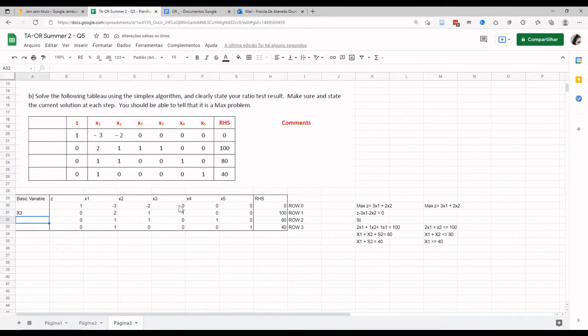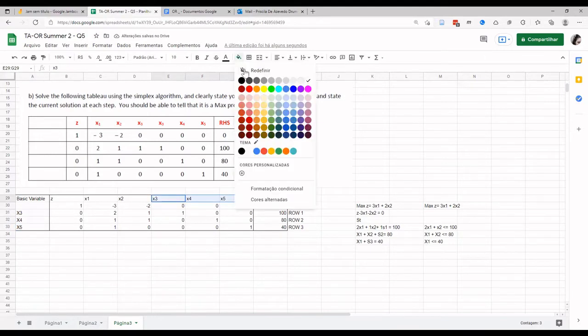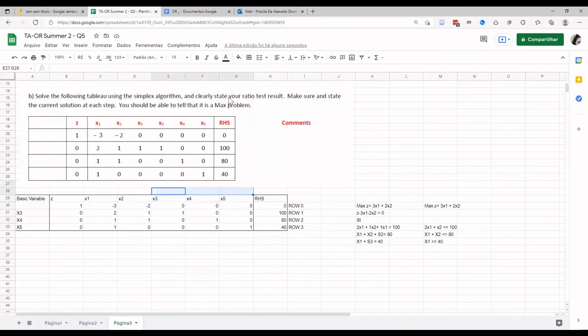So it is one of the basic variables. X4 is also another basic variable because it has this format here, and the X5. So we know those three are our slack variables, added to the problem so we can make an equality instead of an inequality, and we can use the simplex to solve our problem.